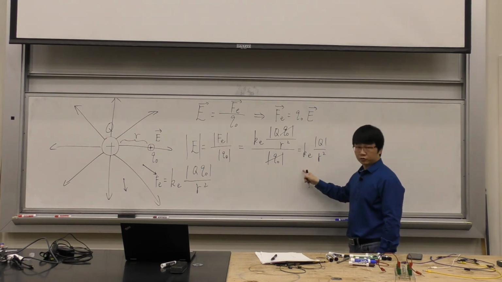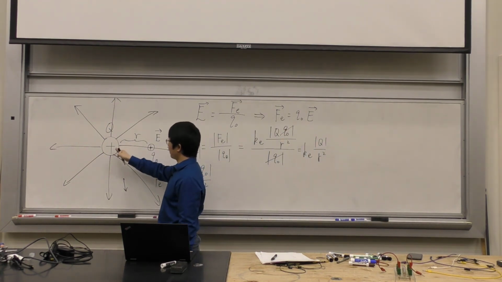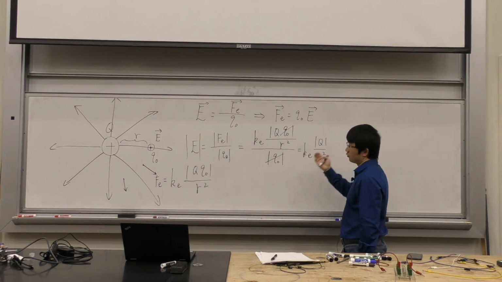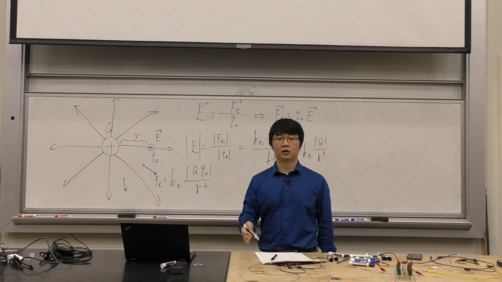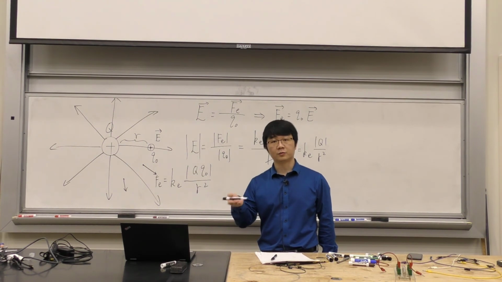That is the expression for the electric field at any point created by the source charge. K is a constant, and of course you're going to tell me the source charge, if you want me to calculate the electric field created by this source charge for you. And you also need to specify the point at which you want me to calculate the electric field.